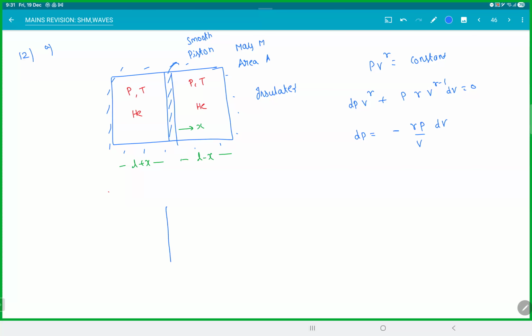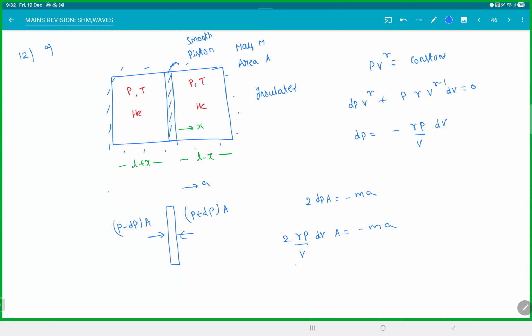So that means when you push this piston by X, on the left-hand side the volume increased, so the pressure will decrease: P minus dP into area. On the right side, we compress, so the pressure will become P plus dP into area. So the net restoring force will be 2 times dP into area is equal to mass into acceleration. This will be 2 gamma P by V dV into area is equal to mass into acceleration.